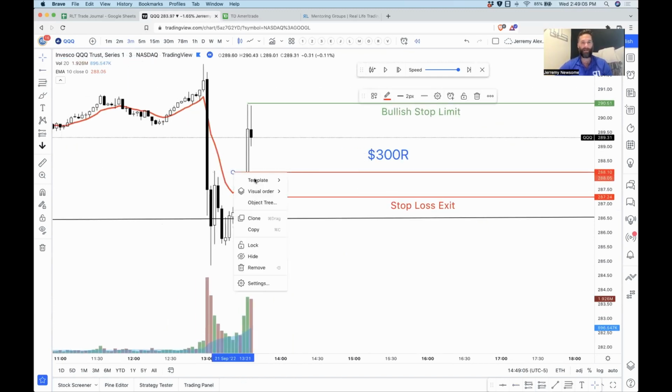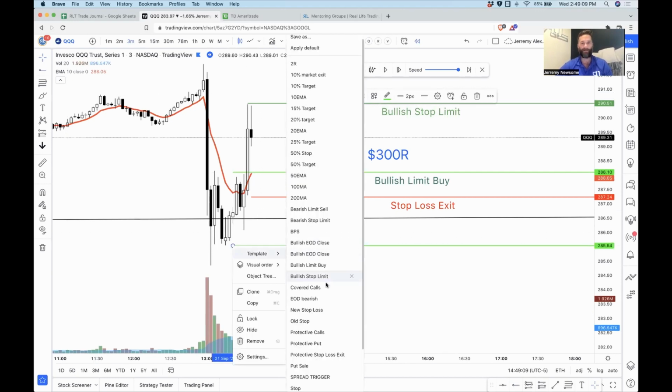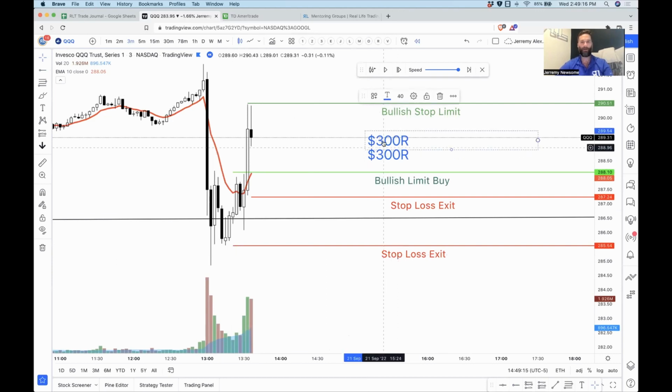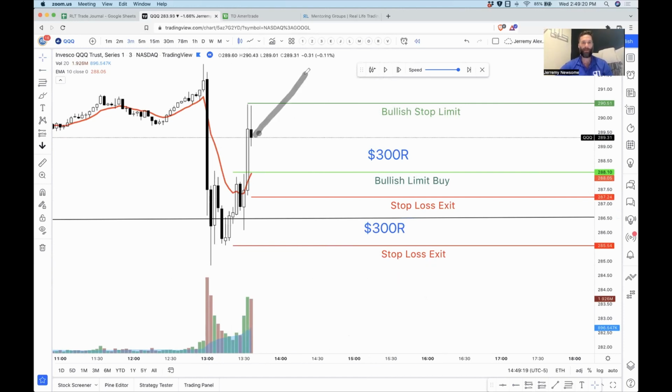All right, second trade, I want to have an entry here and a stop loss here. Entry is 288.10, stop loss 285.54, $300 risk unit, go. How many shares are we doing on the second trade? So we have 1 trade for a breakout and 1 trade for a pullback.